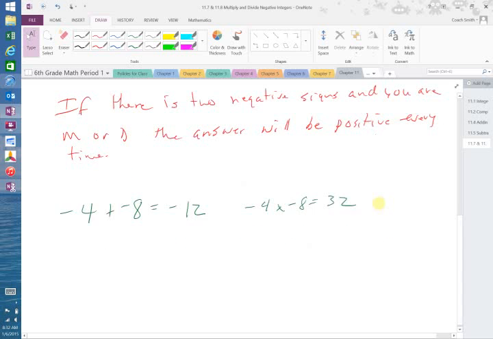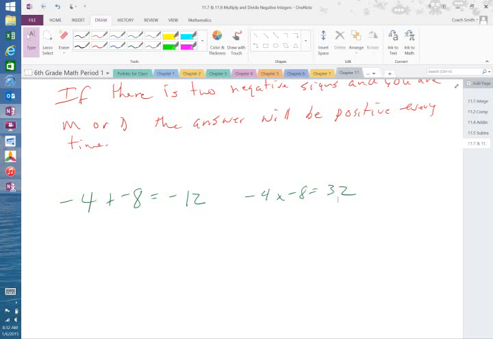Okay, now the same is true with division. You're going to have division problems that look two different ways.